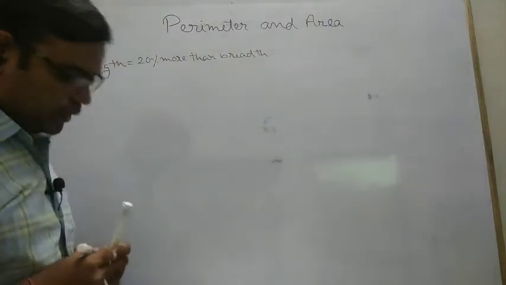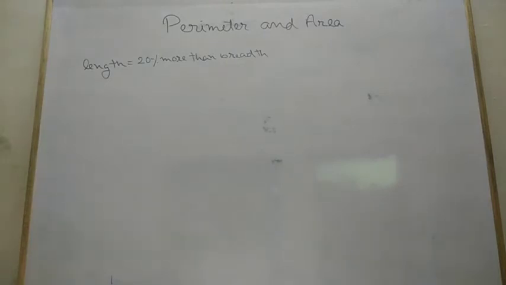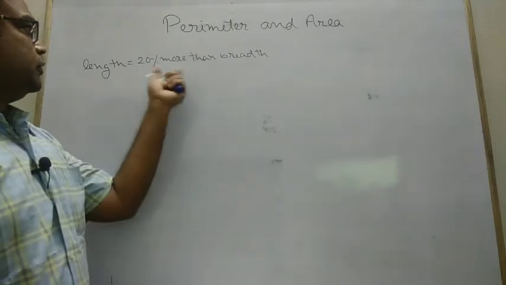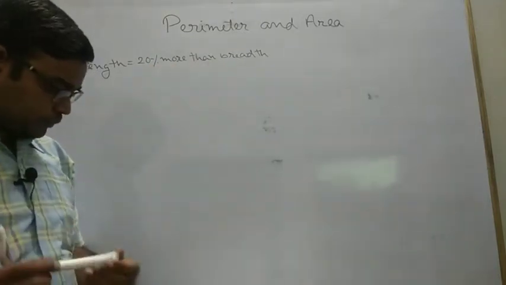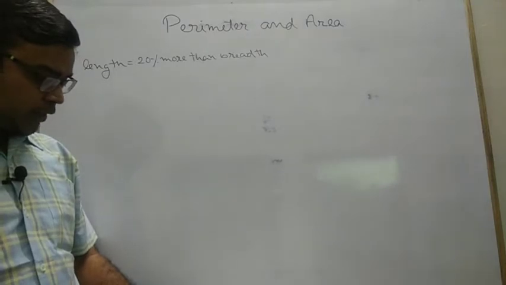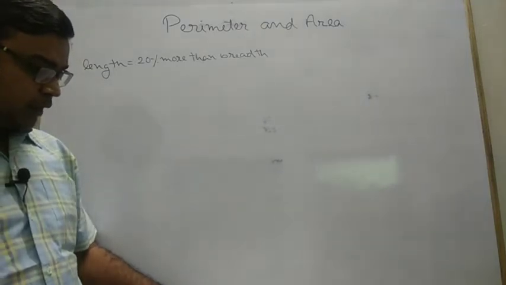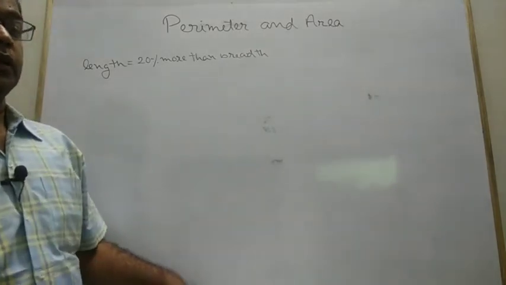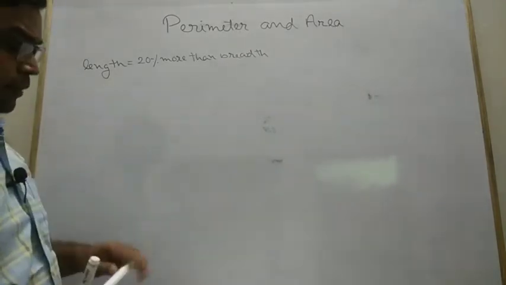I think your writing is a little bit smaller. Okay, next time I will increase my font. Then what will be the ratio of the area of the rectangle to that of a square whose side is equal to the breadth of the rectangle? So first find out the length and breadth, then we discuss afterwards.